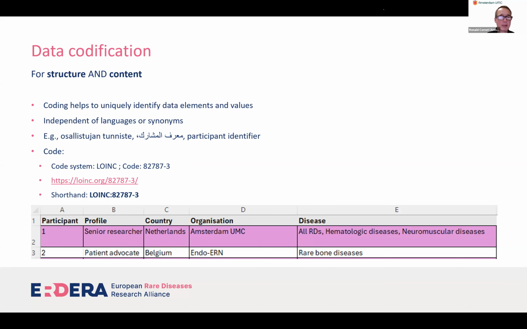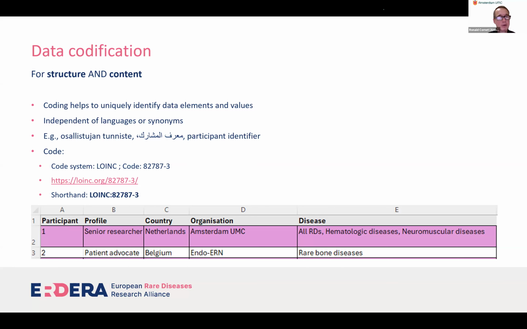And as an example, I took a participant identifier with a Finnish and an Arabic translation. And well, it clearly shows that unless you speak any of those languages, you wouldn't have a clue what it really means from the label alone, even though for the English label, it may be clear.